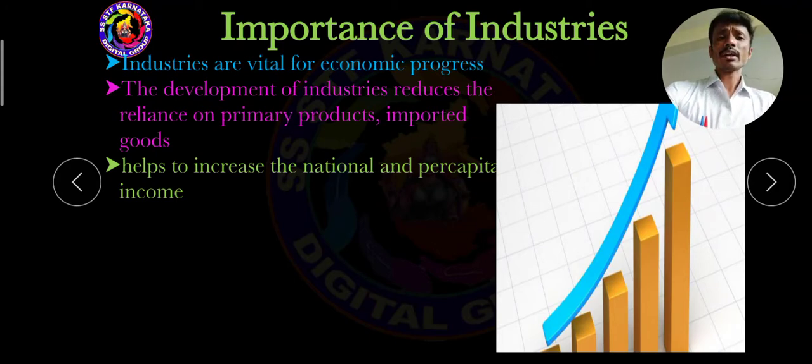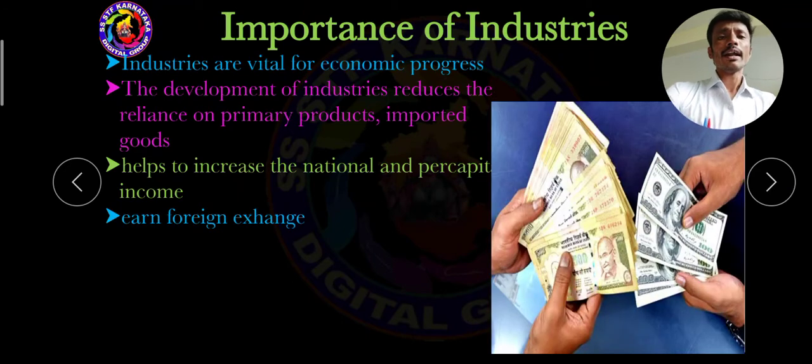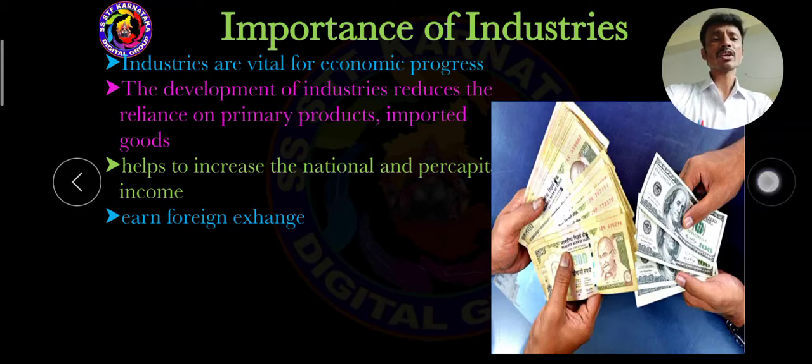It is possible to increase the national income, and likewise the per capita income, through industries, and to earn foreign exchange. Because we are all involved in import and export, doing business, necessary goods are imported and our Indian products are exported, so it is possible to earn foreign exchange.